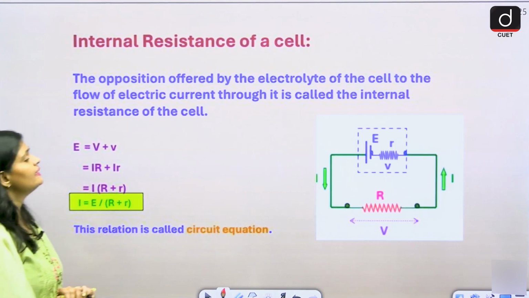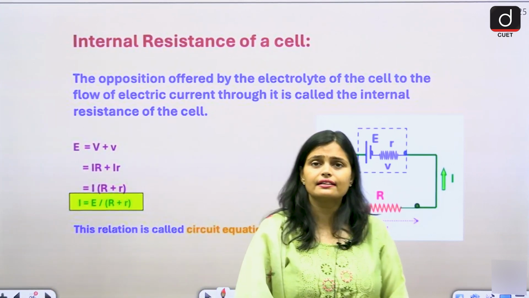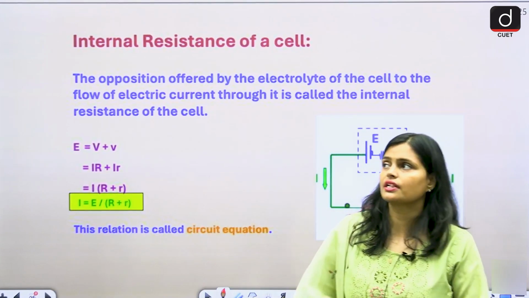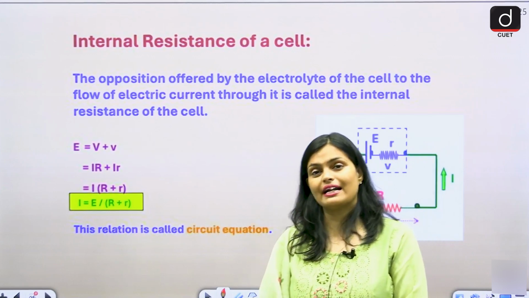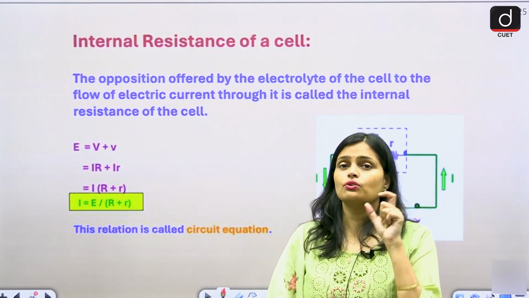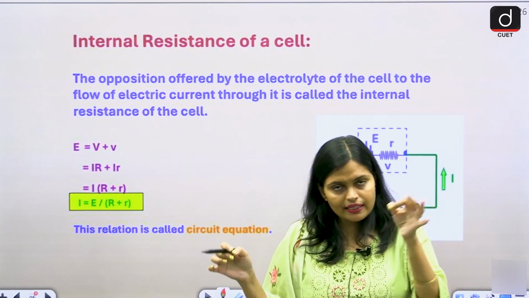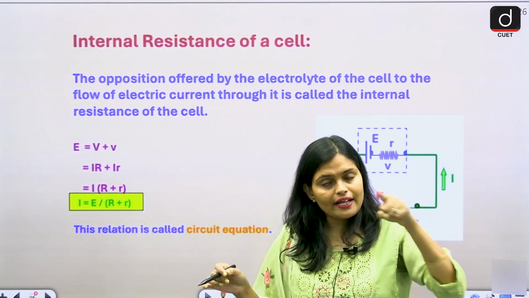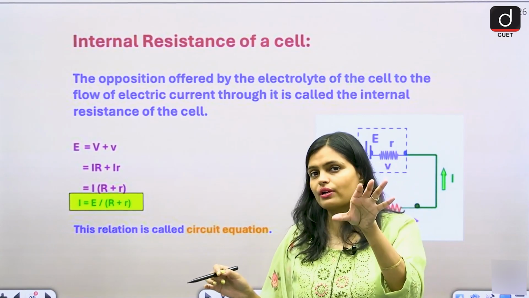Now, let us see the internal resistance of a cell. सी इंटरनल रेजिस्टेंस हम क्या देखेंगे, जैसे सपोज करिए कि आपके पास कोई डिवाइस है और वो डिवाइस किसी बैटरी के थ्रू चल रहा है, ठीक है. तो व्हेन यू आर यूजिंग अ बैटरी, जैसे कोई वायर है, उस वायर में करंट फ्लो हो रहा है, तो उस वायर के अंदर भी तो उनका रेजिस्टेंस ऑलरेडी है, दैट वायर हैज इट्स ओन रेजिस्टेंस.